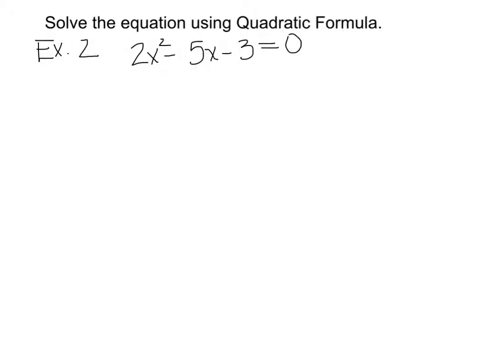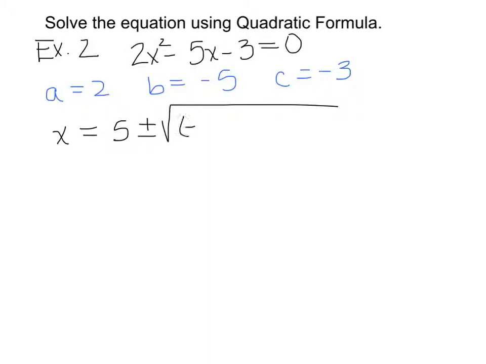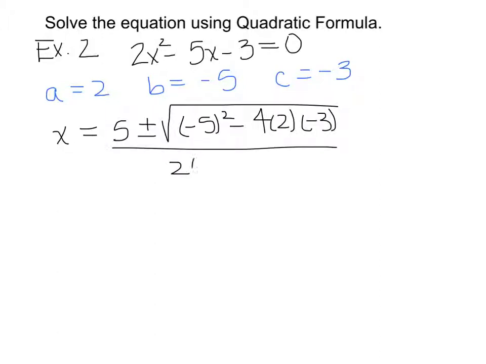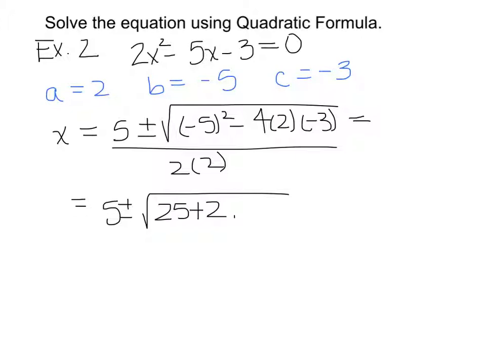This one's already ready. So A is 2, B is negative 5, and C is negative 3. So x equals the opposite of B, plus or minus square root of B squared minus 4AC, all over 2 times A. So simplifying that, we get 25 plus 8 times 3 is 24.